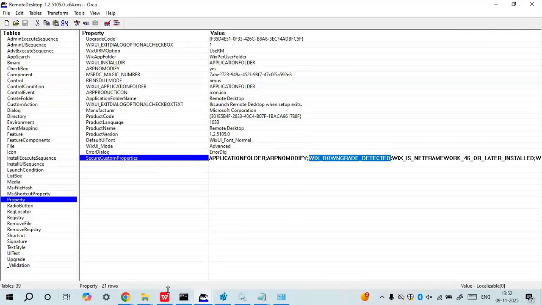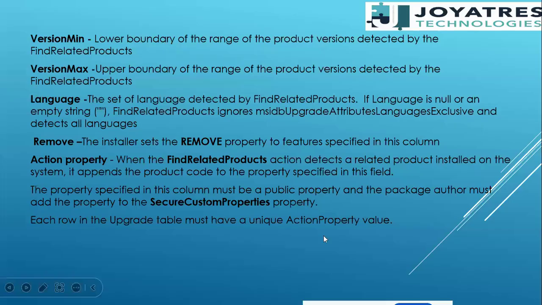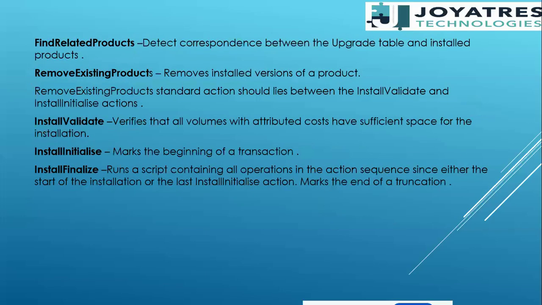So this is how you have to add it. The other thing it is saying is that each row in the upgrade table must have a unique action property value. You cannot write the same action property two times. It should be unique.